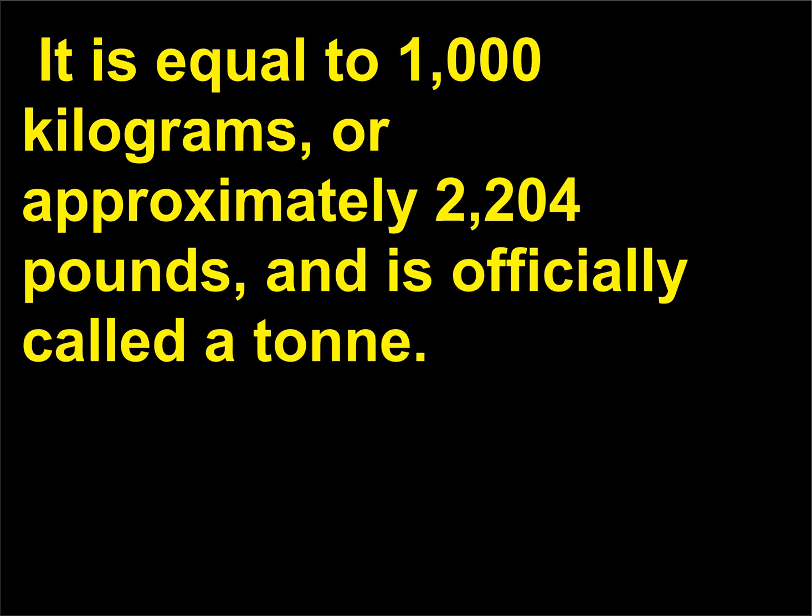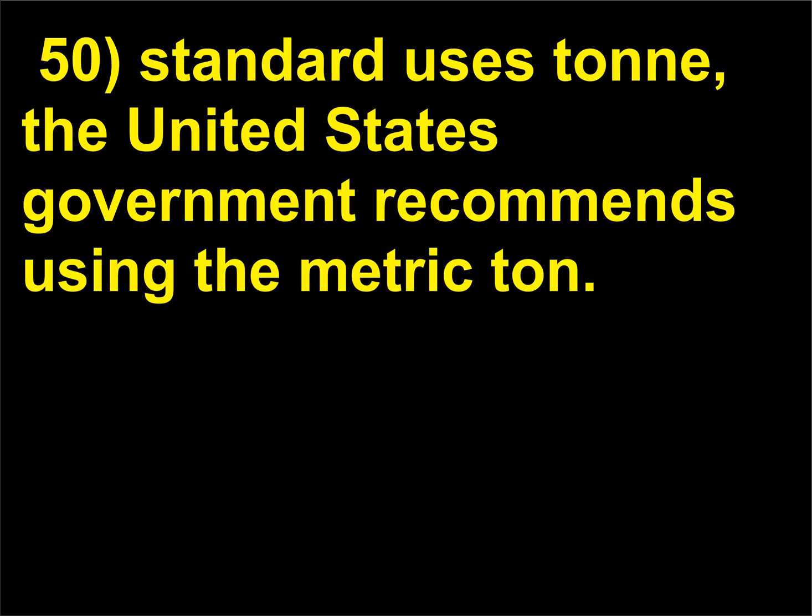It is equal to 1,000 kilograms, or approximately 2,204 pounds, and is officially called a tonne. Although the international system, SI, standard uses tonne, the United States government recommends using the metric ton.